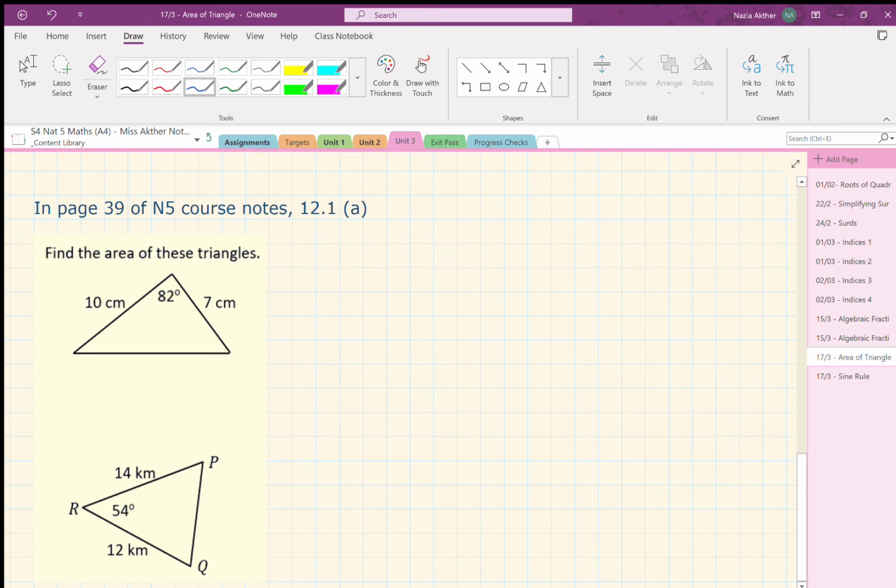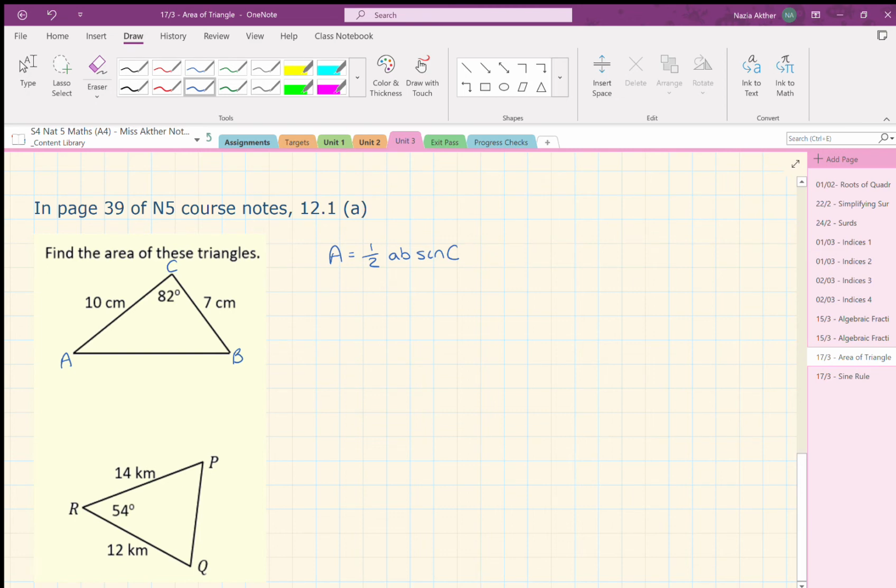So then we can use our formula A equals a half ab sine C. Okay, so before we use this formula, we first need to label our triangle. So I'm going to label this angle A, this angle B, and this angle C.